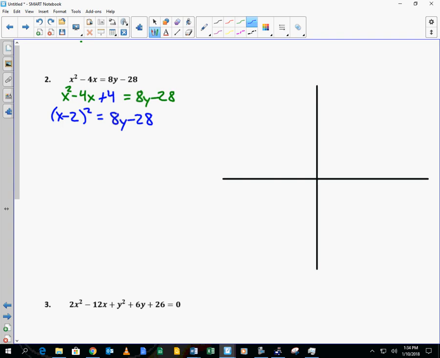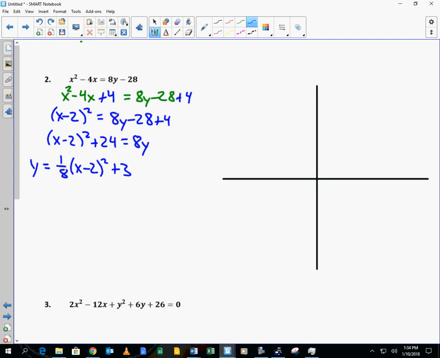You already told me I'm going to be solving for y. So x minus 2 squared, I get a negative 24, so I add the 24. And what do I do after that? Divide by the 8, so I have y equals 1/8 times (x minus 2) squared, plus 3.